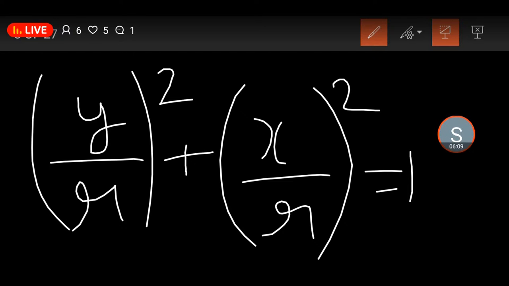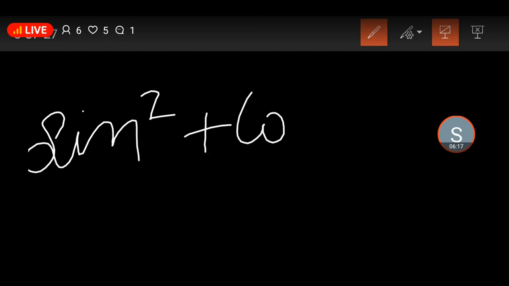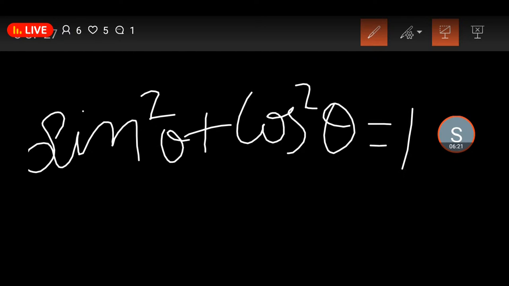I'll write it: sin square theta plus cos square theta is equals to 1. In this way the formula will be derived. For all those three you can derive like this only.